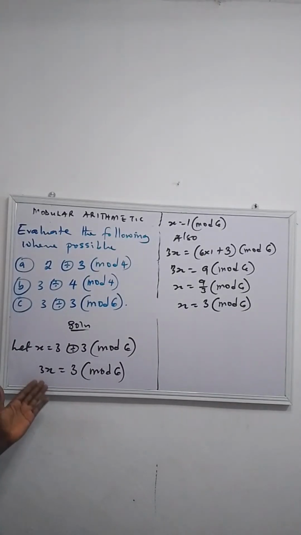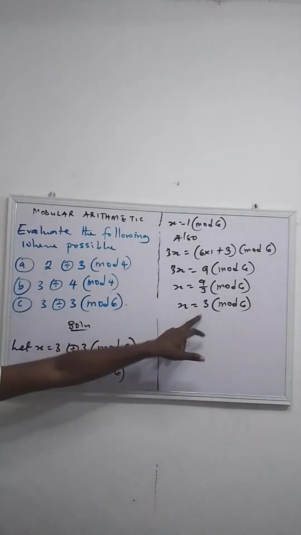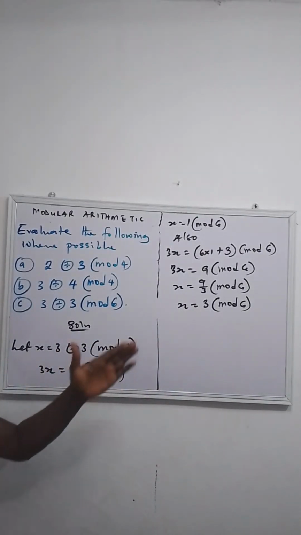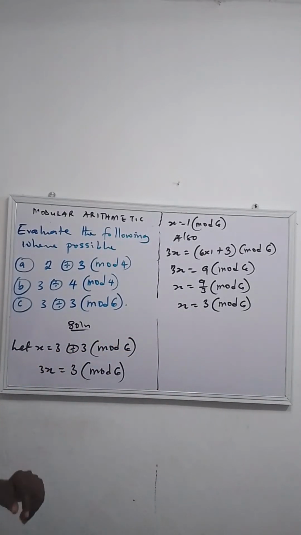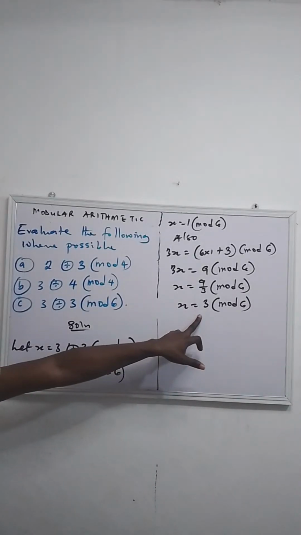All right, so before we leave, we need to check again. Now we have added one 6 to 3. Now let's see, maybe we are going to have another answer different from 3. So let's add two 6s. Two 6s is what? 12. So 12 plus 3, that's 15. And 3 can go in 15, yes. When you divide 15 by 3, you have another answer different from 3. That's 5. Good.